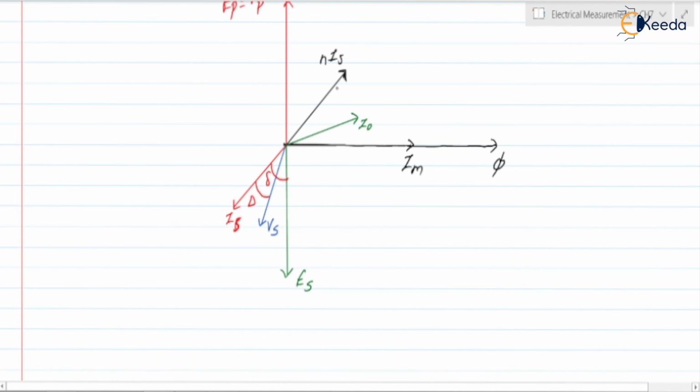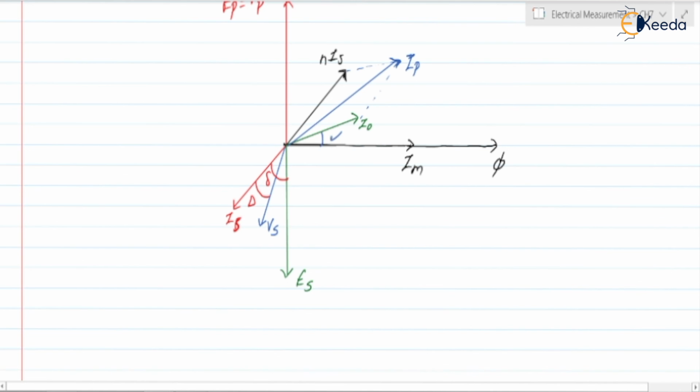Next, phasor addition of NIS and I0 is nothing but IP. So here we are having the phasor for IP. That is the primary current, right?